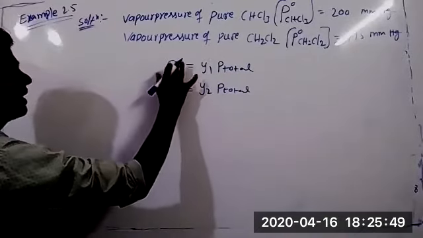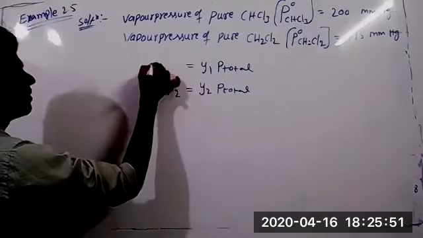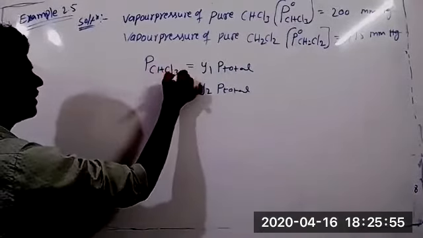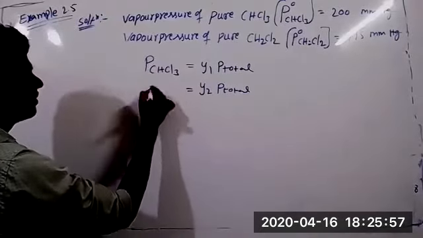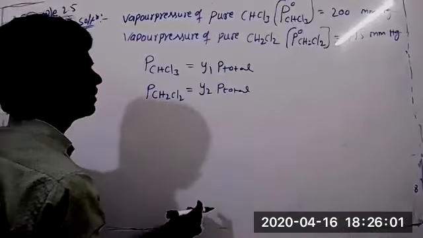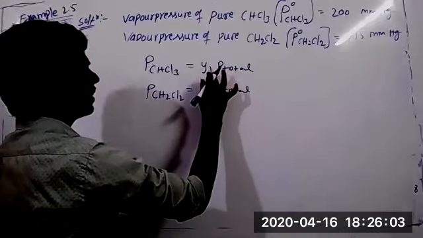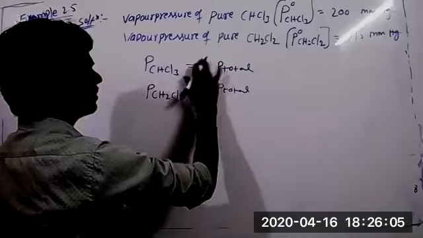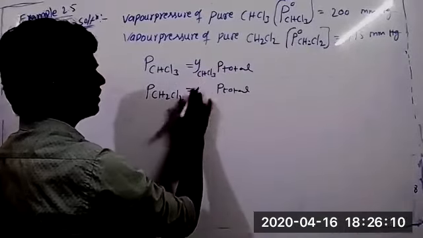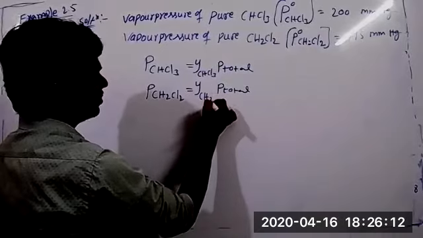So instead of P1, take P CHCl3. Instead of P2, P CH2Cl2. And instead of Y1, Y CHCl3, or Y CH2Cl2.